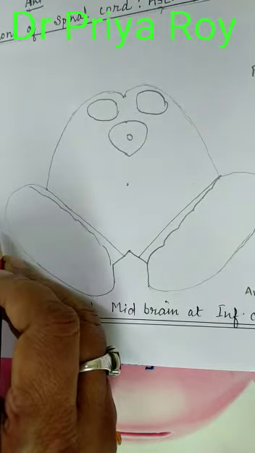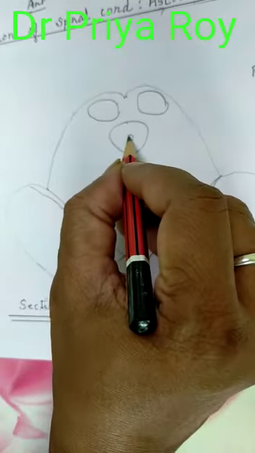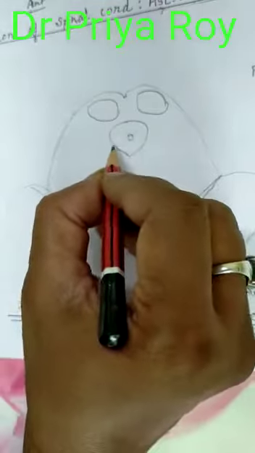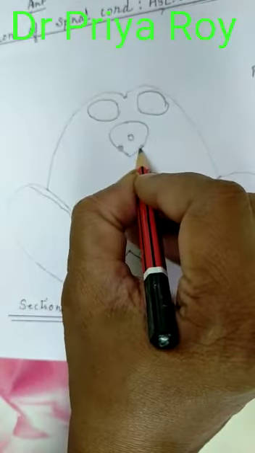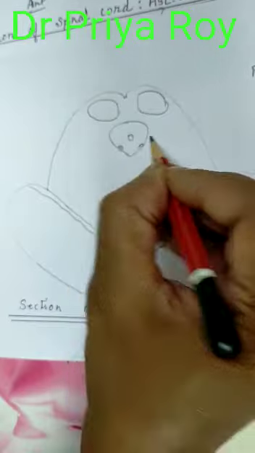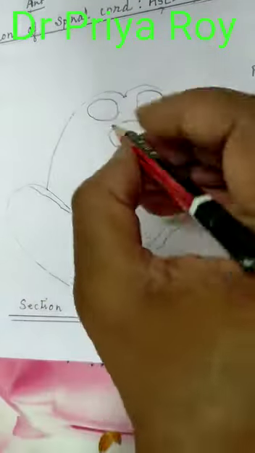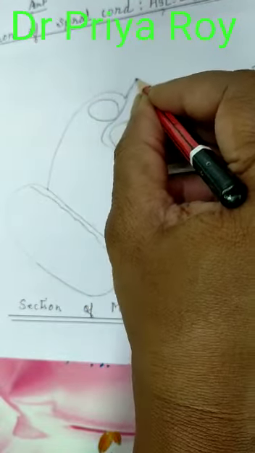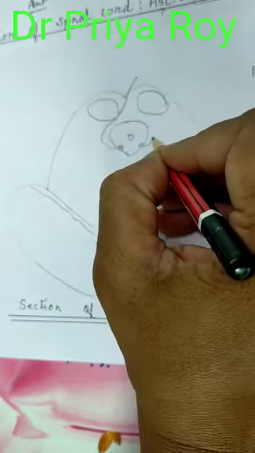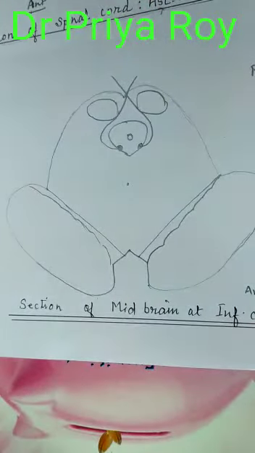Okay, now in the central periaqueductal gray matter, this is aqueduct of Sylvius, and here we will draw the trochlear nerve nucleus. In the gray matter, the nucleus will be there. Okay, and then this one is crossing and coming to the posterior side like this. Now what are the other things to draw?